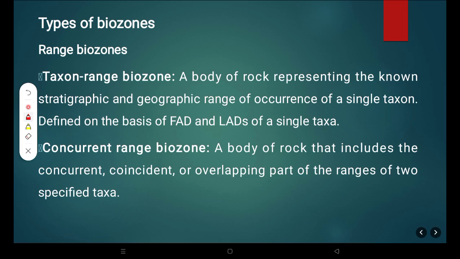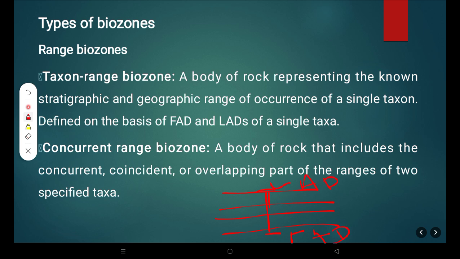It is a body of rock representing the known stratigraphic and geographic range of occurrence of a single taxon, defined on the basis of the FAD and LAD of the single taxon. FAD means first appearance datum and LAD means last appearance datum. Suppose this is a rock strata, or there are multiple rock strata, and a single fossil has its first appearance here, FAD is here, and LAD is here.